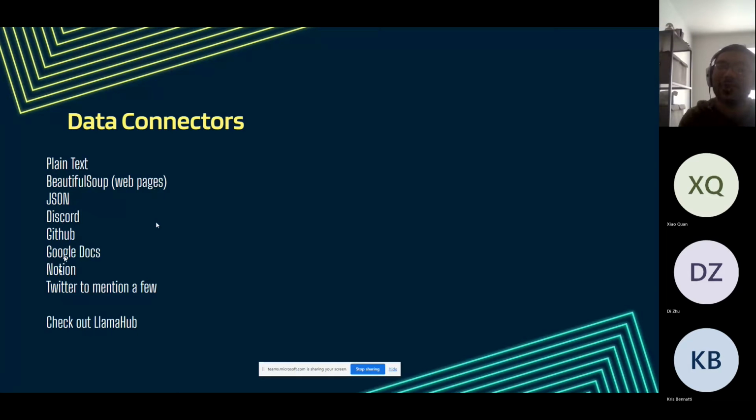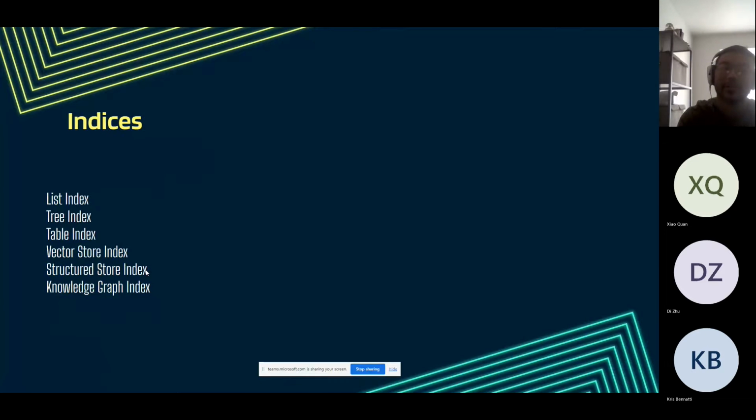So imagine if your company documentation was all in Notion, and you want a language model to answer questions about your company policies or even your product planning, etc. If you have it in Notion or Google Docs, you can just use the data connector and make it available to the language model.